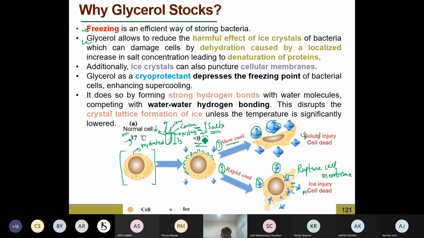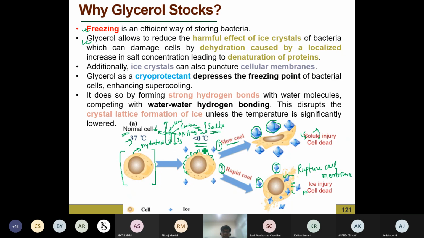Their concentration might be high enough that it may lead to rupture, or to cell death, because we know that cells cannot tolerate high solute concentration. There is a particular concentration at which we need to add the media components which is suitable for growth.